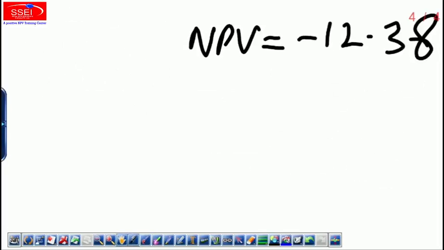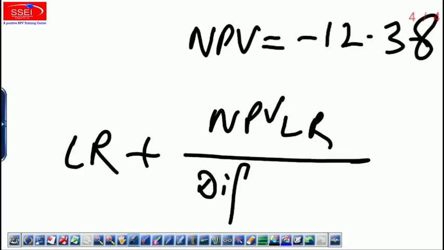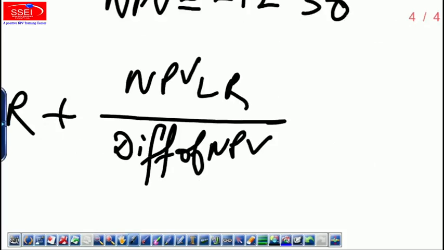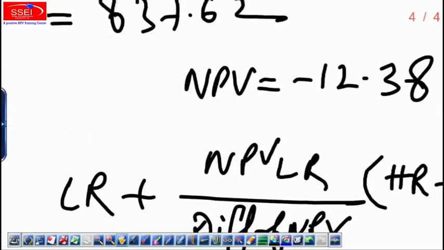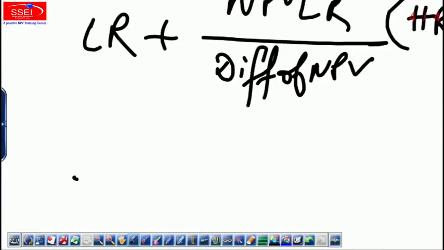So now we apply the formula: lower rate plus NPV at lower rate divided by difference of NPV, into higher rate minus lower rate. Lower rate was 11.